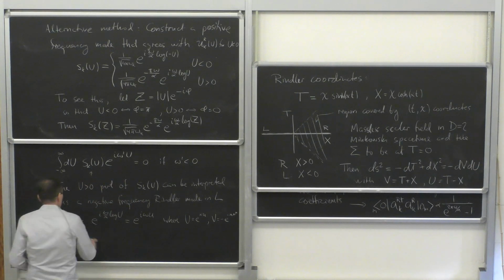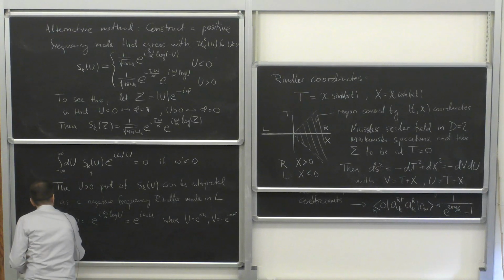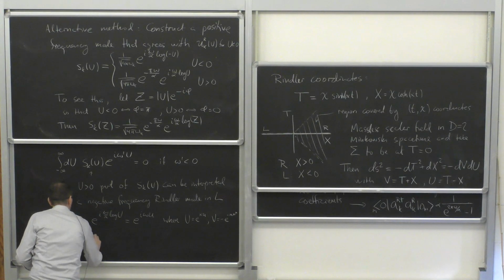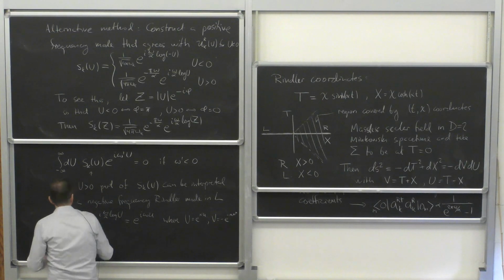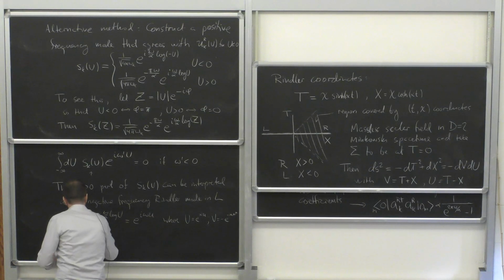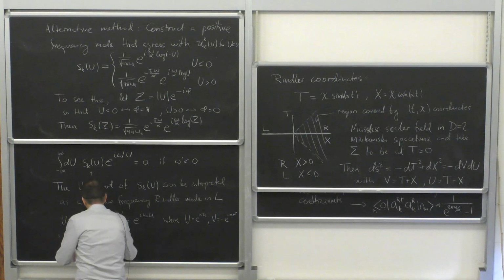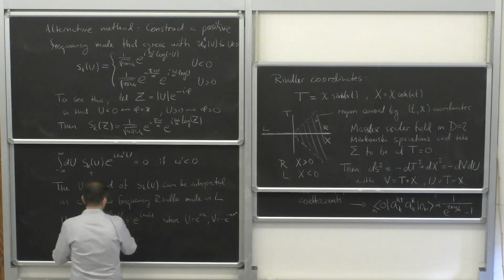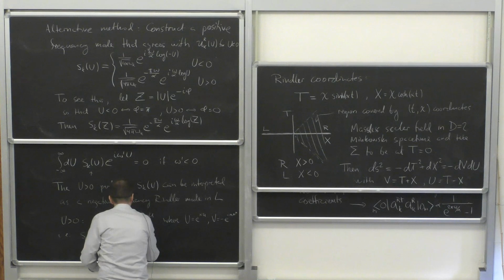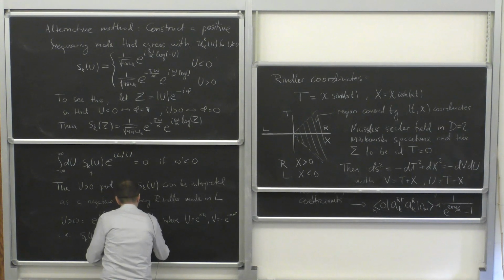And then what this means is we can write that Sk of U is actually a UKR, and that, of course, I have to go back to the e to the minus pi omega over alpha.